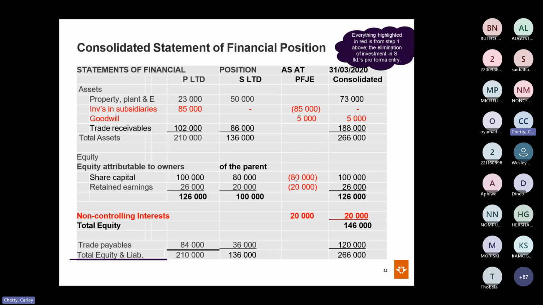Remember, we processed that pro forma journal entry. We said debit share capital in S. So we're going to say 100,000 plus 80,000 minus 80,000. And that will give us 100,000 Rand consolidated share capital.